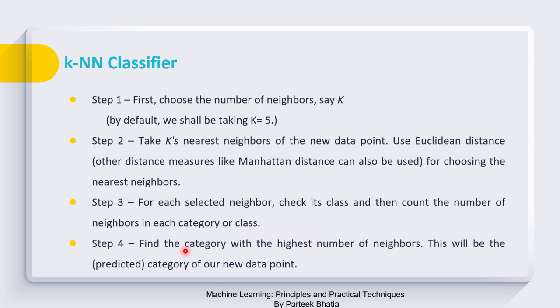In step 4, we find the category with the highest number of neighbors, and that category will be considered as the category of our new data point. So simply, we will find out 5 neighbors of our new data point, check their classes, find the number of neighbors in each class, and the winning class will be considered as the predicted class for this new data point.